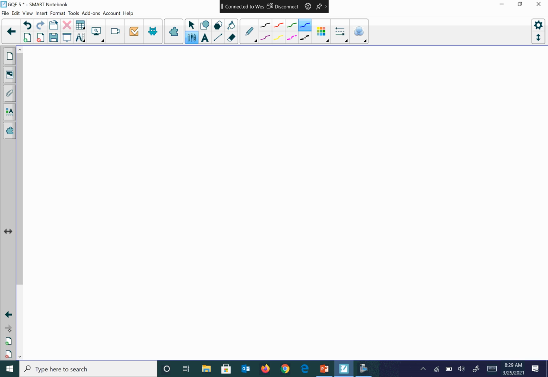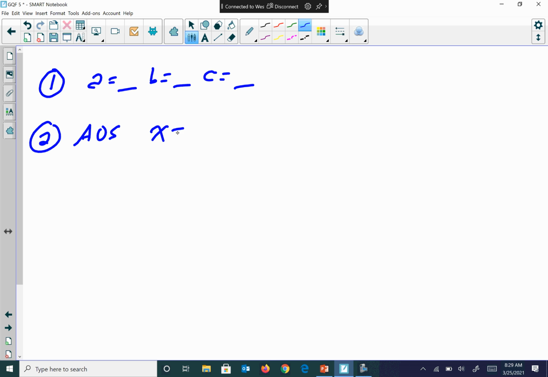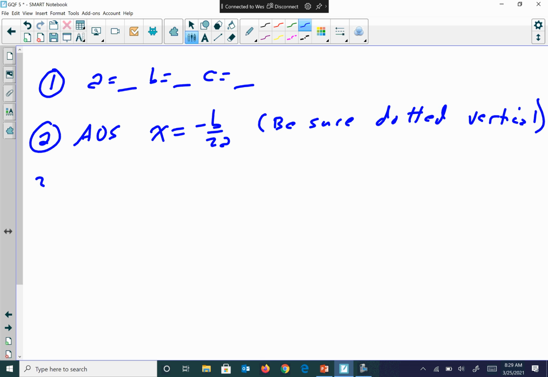All right, so let's put some hints up there. First thing we're going to do when doing this, you label A equals, B equals, C equals. Second thing you do is find the axis of symmetry, which is x equals negative b over 2a. And then be sure it is a dotted vertical line. Third step is negative b over 2a, comma, plug in.